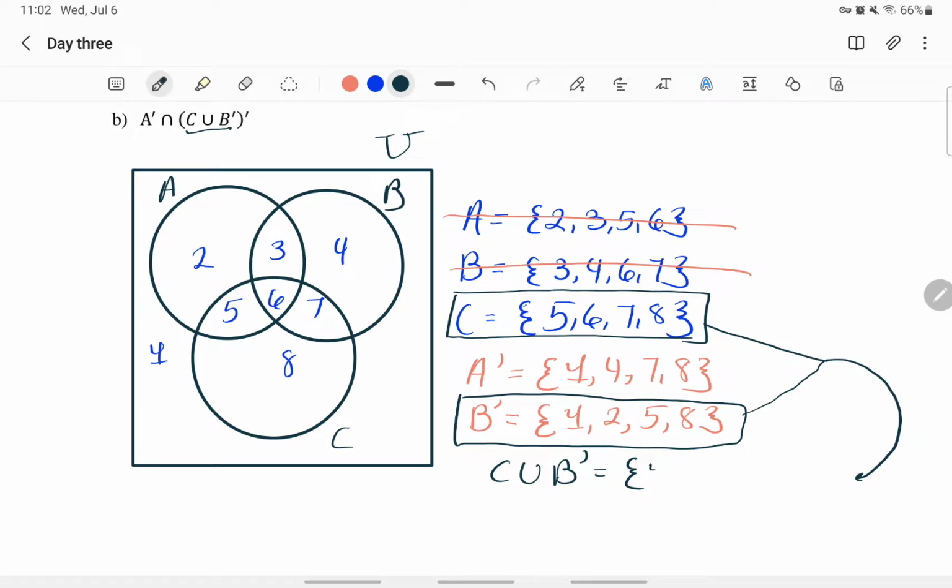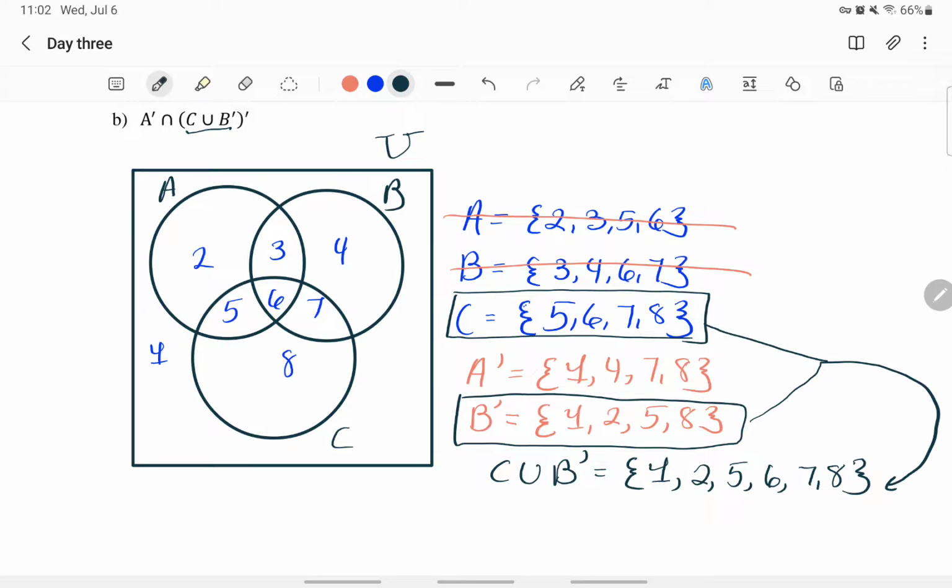So that's going to be 1, 2. Both sets have a 5, 6, 7, and 8. Once again, the union means to combine the sets together to make one overall gigantic set.